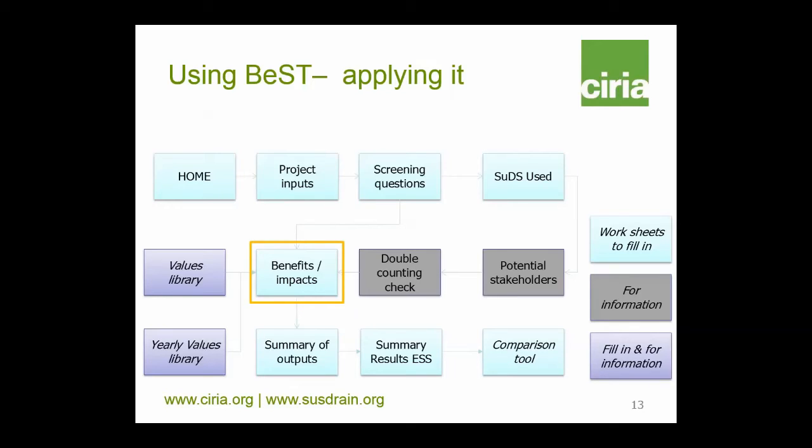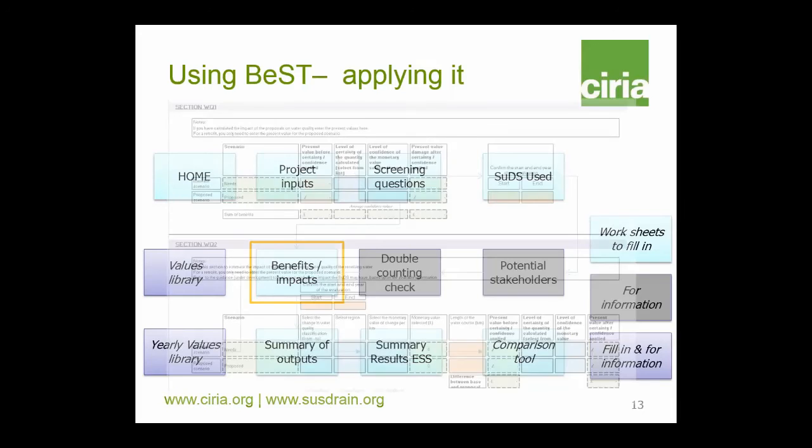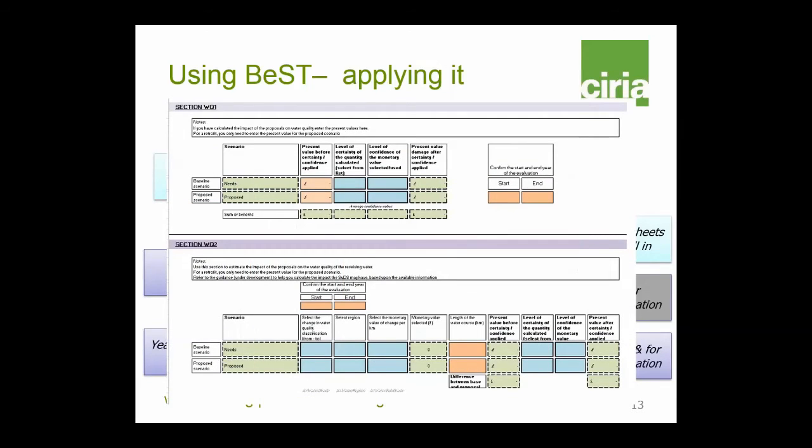But we then come to the main part of the tool, which is looking at the benefits and impacts. The tool applies some very consistent approaches in terms of its format.